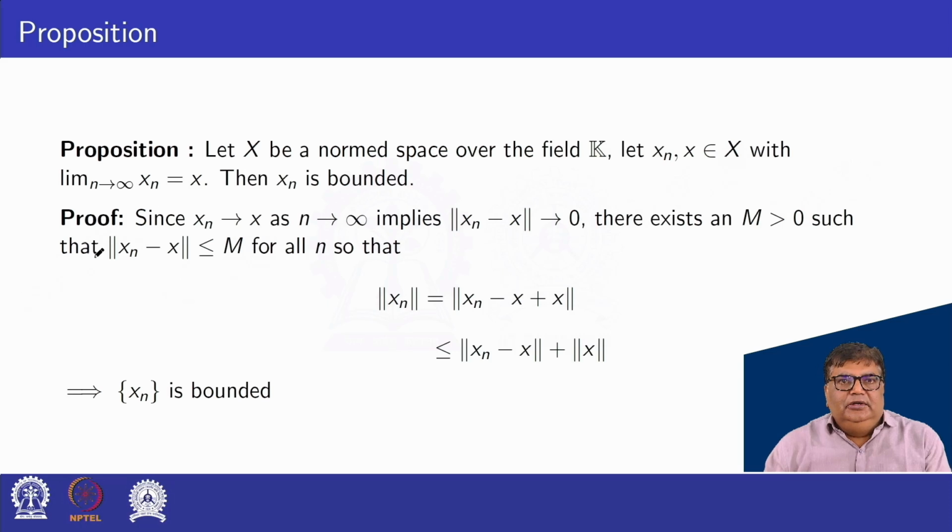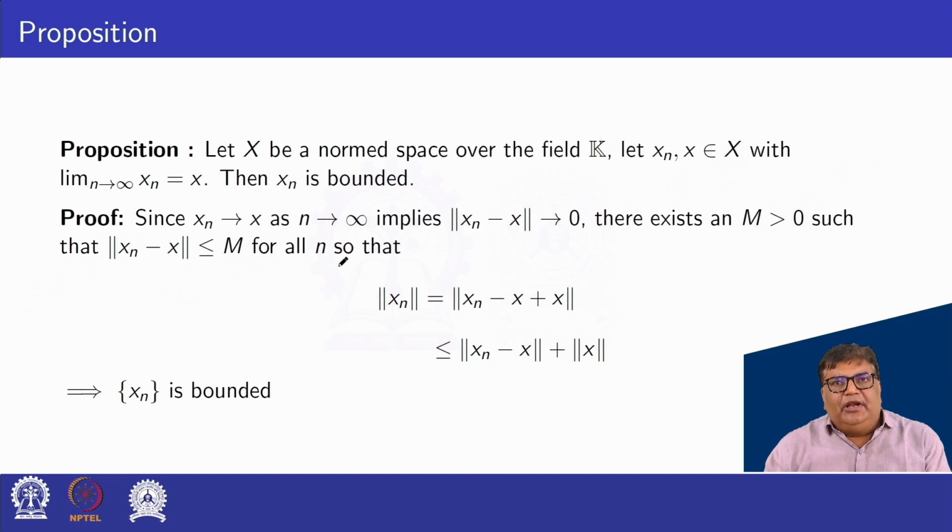Proof: since xn tends to x as n tends to infinity, by definition norm of xn minus x tends to 0. There exists a positive real number m such that norm of xn minus x is less than or equal to m, because this tends to 0, it means it is bounded.